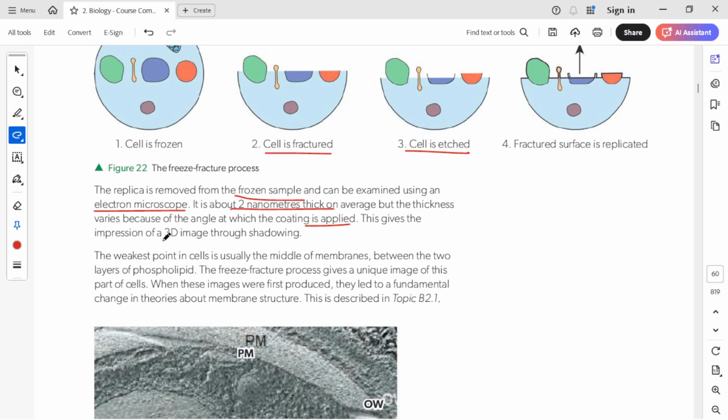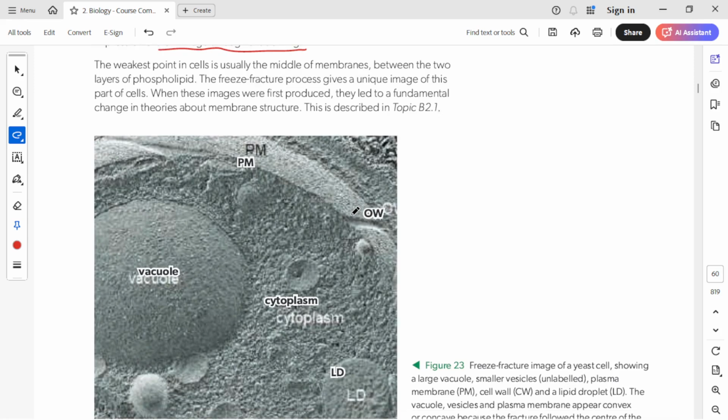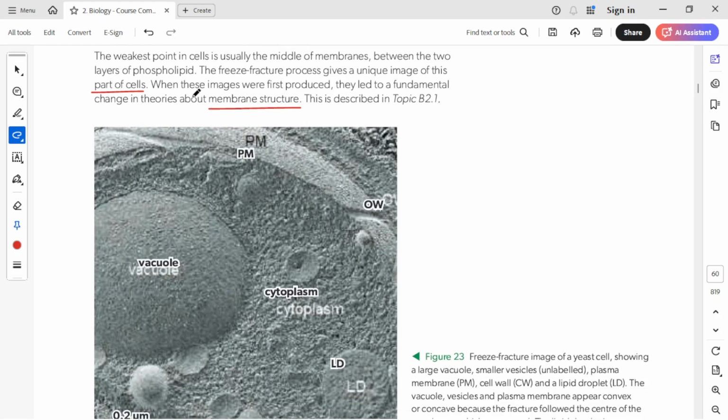This gives an impression of a 3D image through shadowing. The weakest point in a cell is usually the middle of the membranes, between the two phospholipid layers. The freeze fracture process gives a unique image of the part of the cell. When these images were first produced, they led to a fundamental change in theories about membrane structures. So membrane structures were studied in detail using these methods.